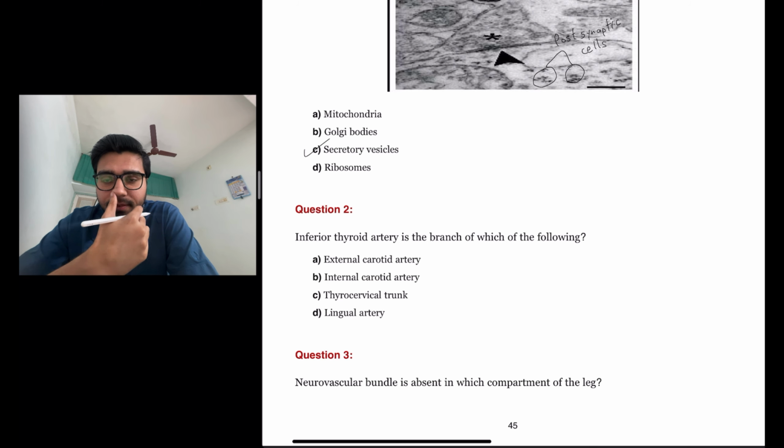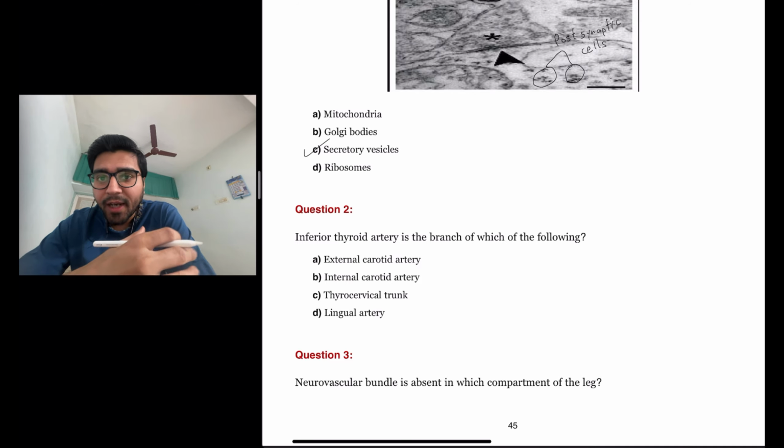You have to remember those figures of arterial supply, nerve supply, different triangles that can be formed in the region, artery and nerve relationships, so that you can answer this kind of question very easily. These questions can become a cakewalk for you.